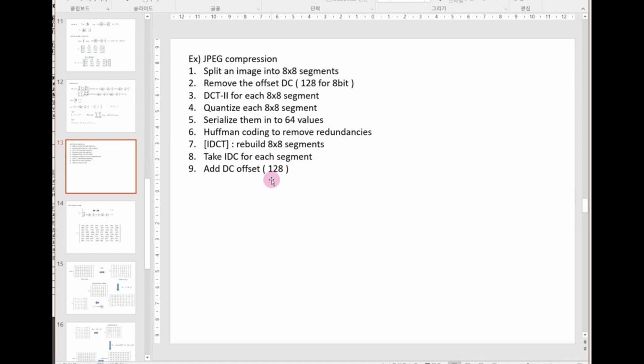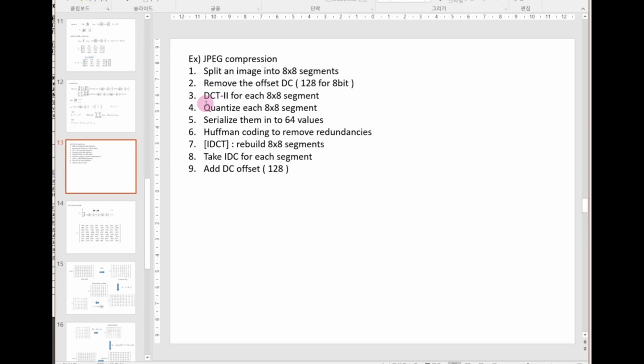JPEG image compression uses the DCT conversion. The original image is split into 8x8 segments. So segmentation is done first, and then the DC offset is removed, because the DCT numerical operation should be done with signed numbers, but the image is originally unsigned. So the unsigned number should be converted into a signed number by removing the offset.